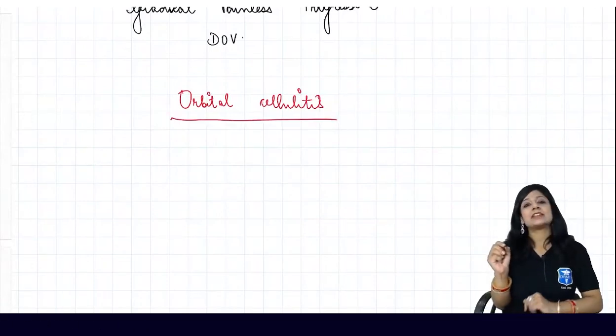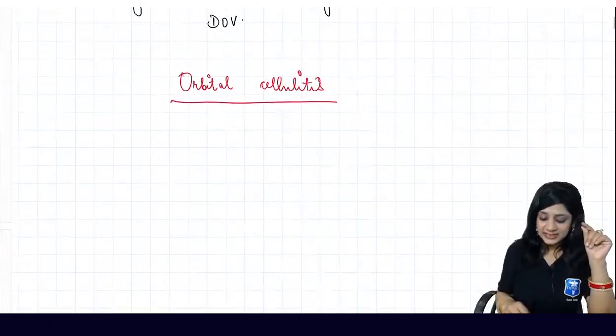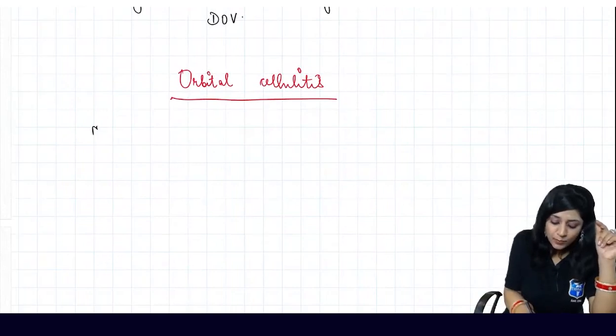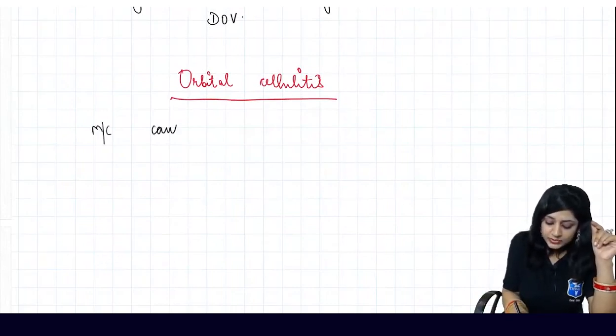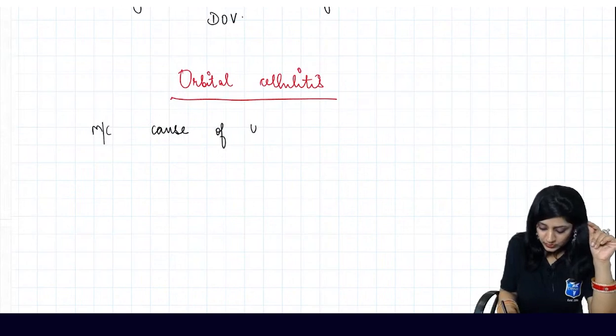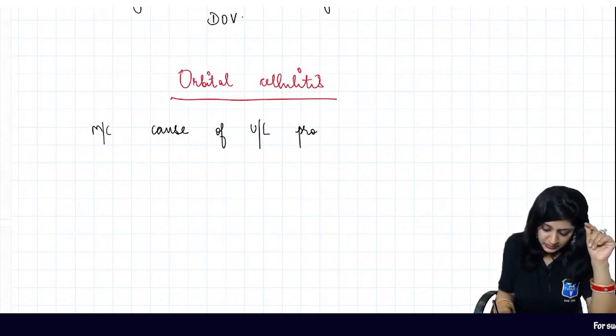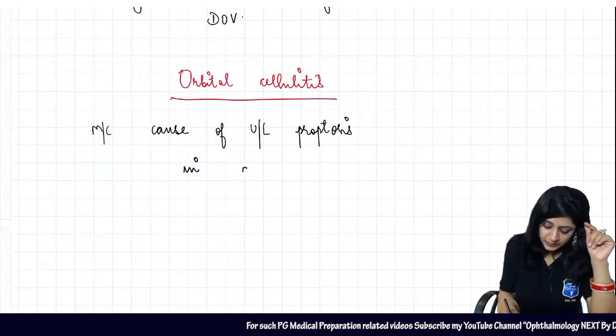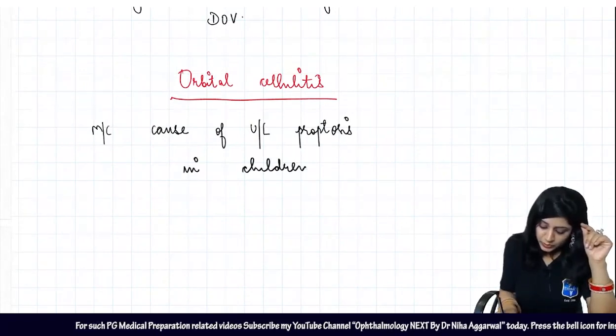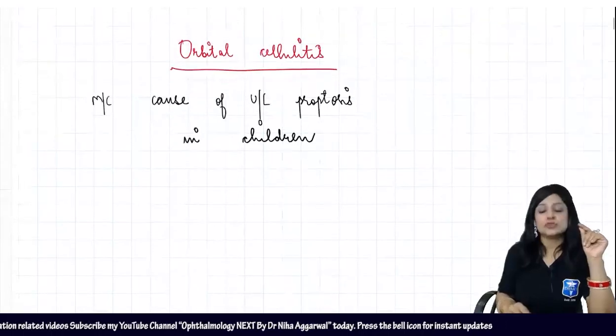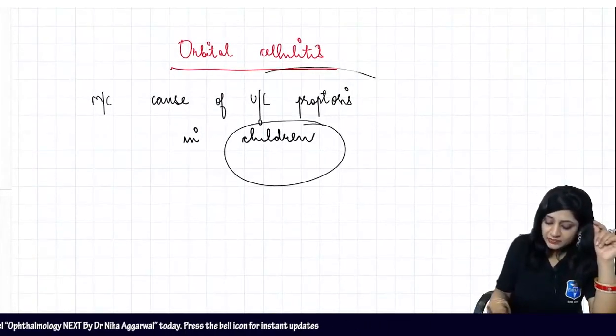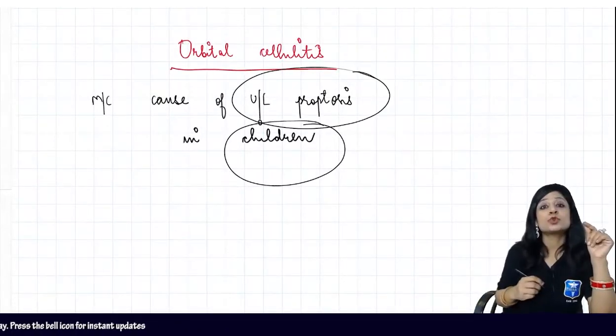So who will tell me what will be the presentation? Do you remember it is the most common cause of unilateral proptosis in children? So it should be a child and we should have a proptosis.